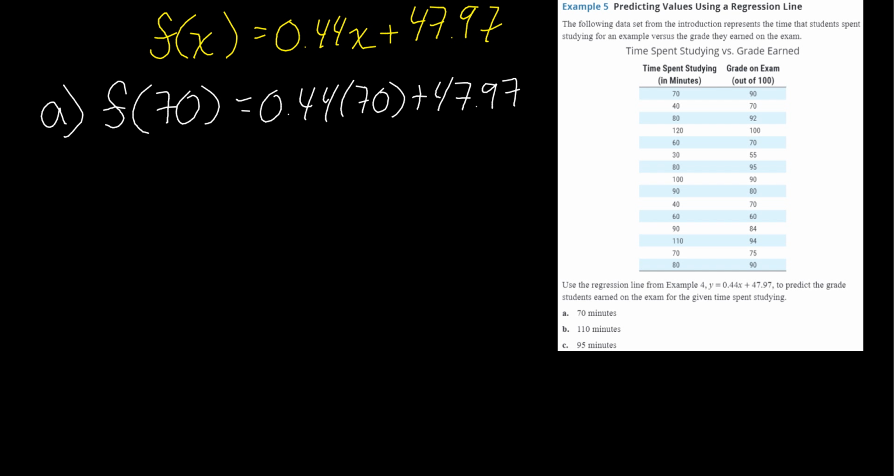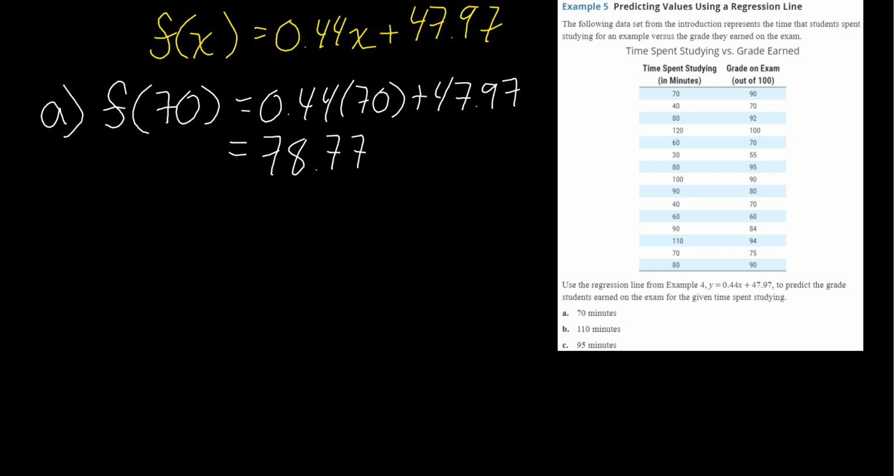Putting this into the calculator, we get 78.77. So if you spend 70 minutes studying, you might assume that you will make somewhere around a 78.77, or a 79.